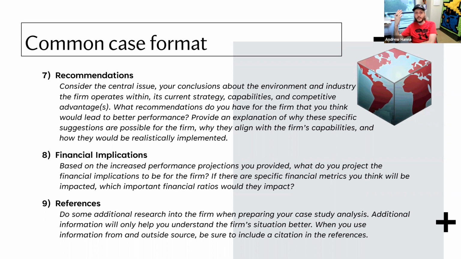Give it a shot and tell me in what kind of ways you think the recommendations you gave will materialize in some sort of positive financial performance for the organization. Try to be specific if you can. Use some of those metrics we talked about earlier. Tell me why you think they'll increase or decrease. Just try to be specific, okay?